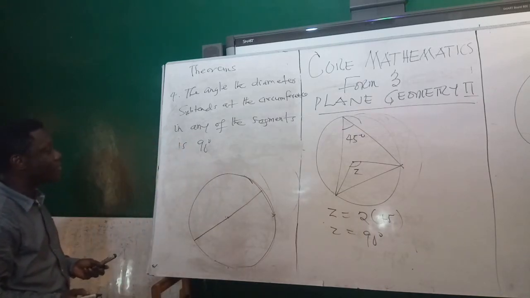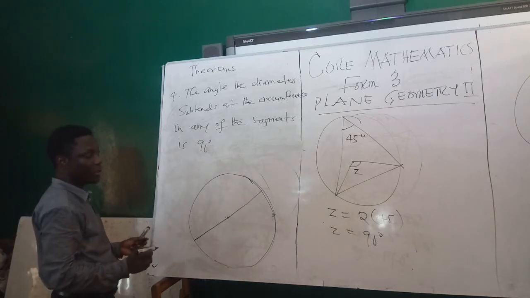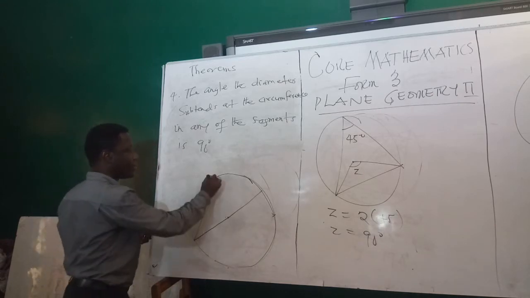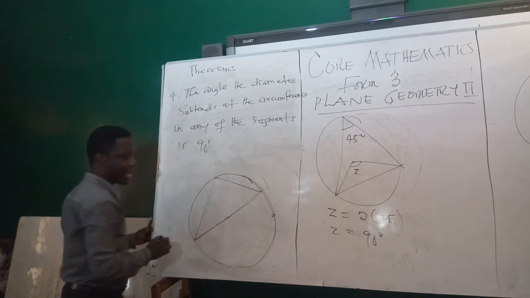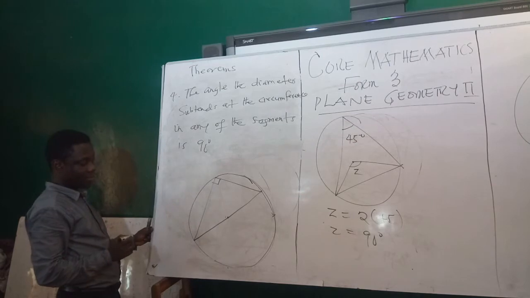Now we are saying that if the ends of the diameter subtend an angle, whichever segment it falls, that angle should be 90. So for example, this angle will be 90, and normally when we have an angle of 90, we indicate it with that sign.